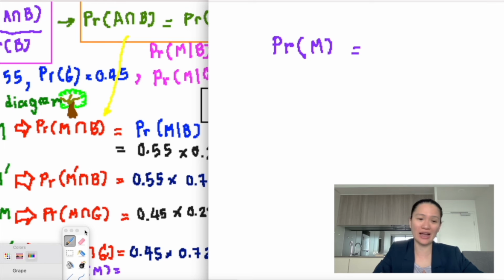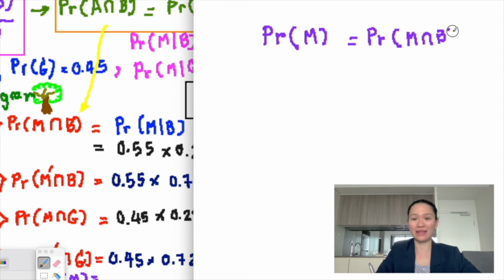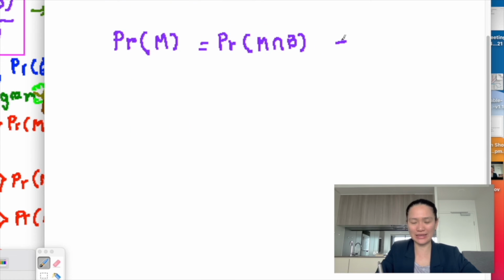Of course, P(M) has to be equal to the probability that the boys who prefer math, I write down first, probability M intersect B, plus the probability that math intersect girl.